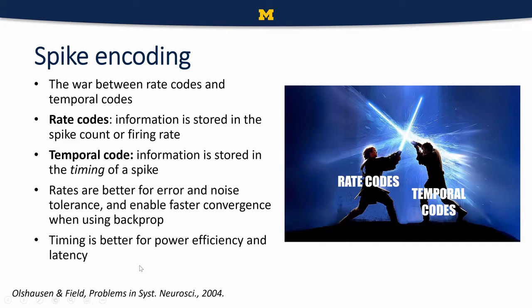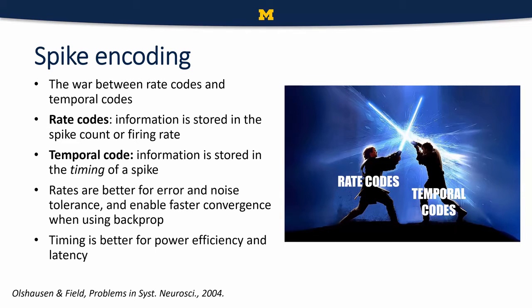But then a temporal code or spike timing is far, far better for power efficiency and latency, right? I mean, there's different ways you could interpret spike timing. If your spike occurs very early, then you may interpret whichever neuron spiked early to be the correct predicted class in a classification or supervised problem. So I don't really want to get into the whole war that's waging on between these two crowds, but I have to say that Bruno Olshausen published a really nice paper that still holds up, I think, back in 2004, titled, "What is the other 85% of V1 doing?"